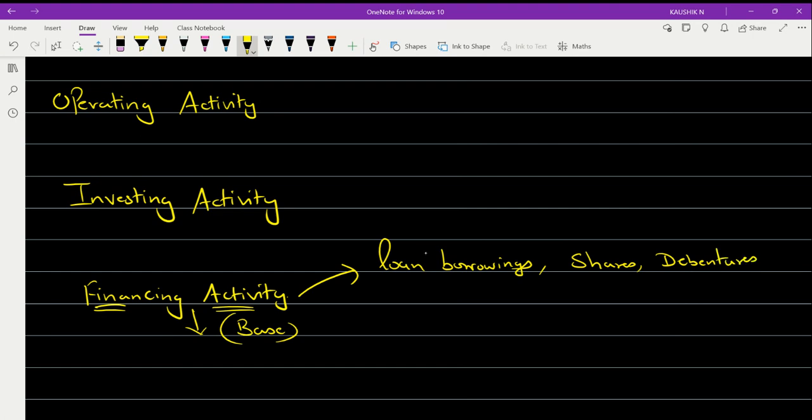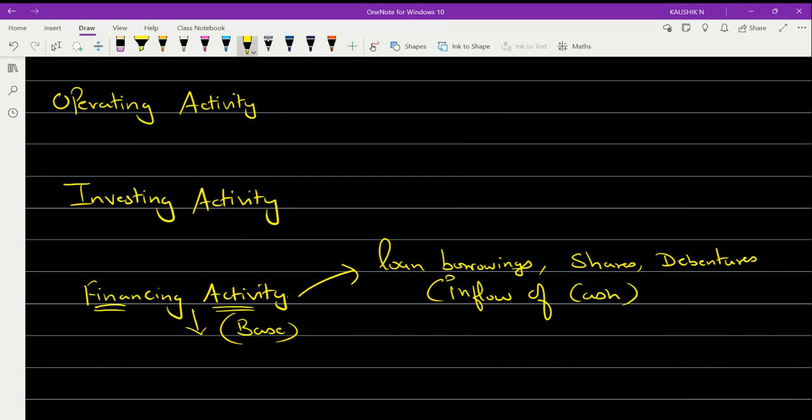So all these are representing the inflow of money. The business is getting the required amount of capital, the cash, in these segments, so they are an inflow of cash.